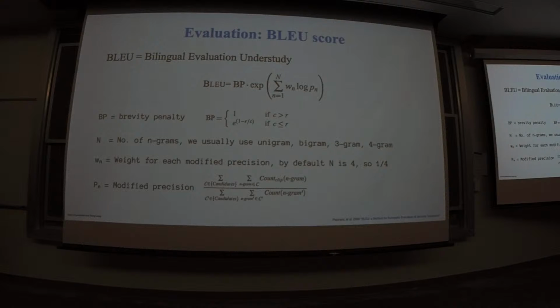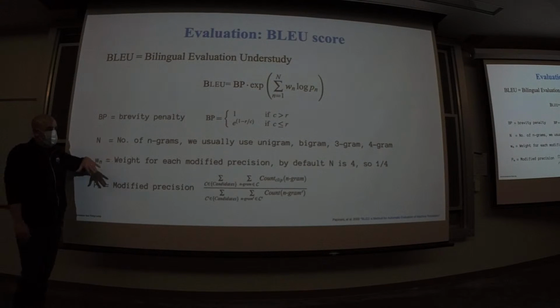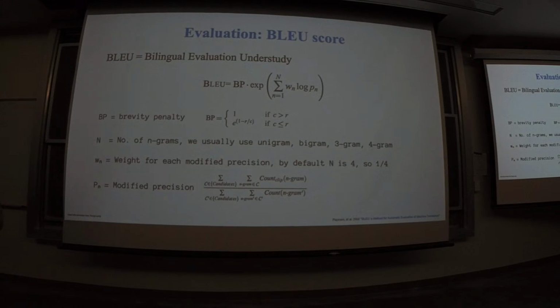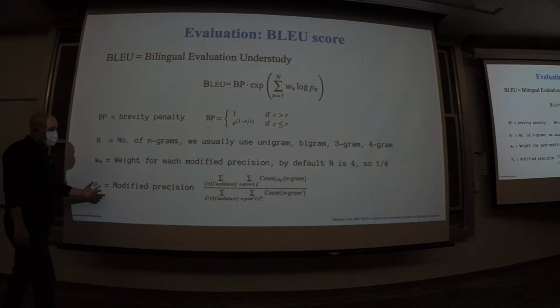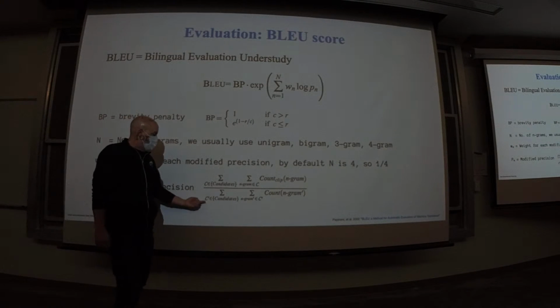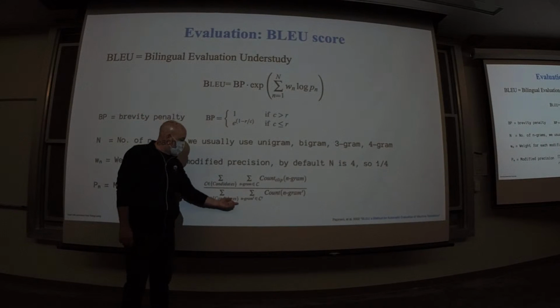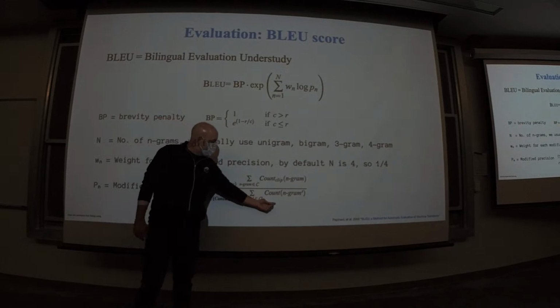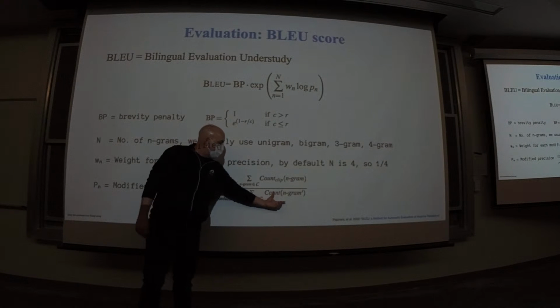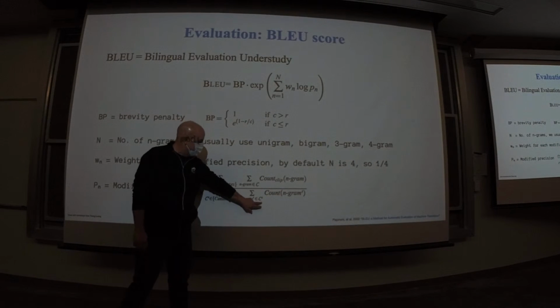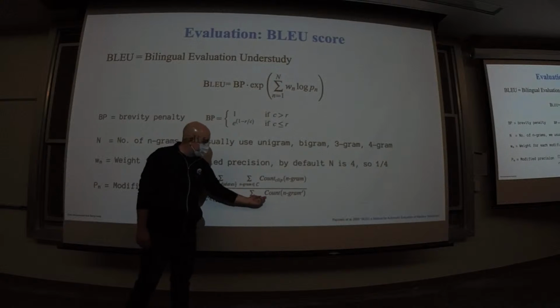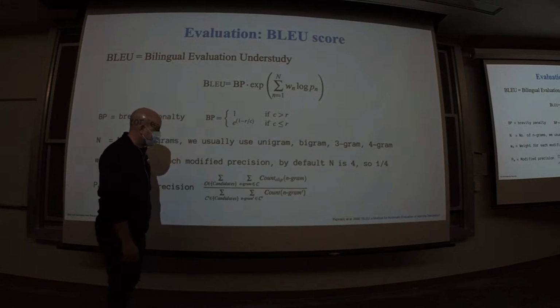So what you do is you decide what I want is to pick the length of n-gram, and then I want to go through all of my candidate translations and count how many times a particular n-gram within that candidate translation occurs.